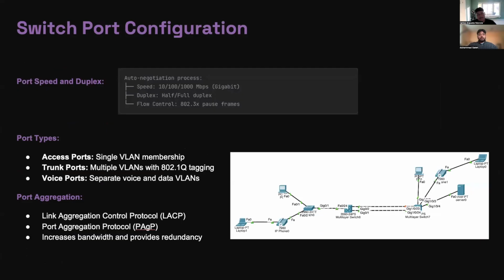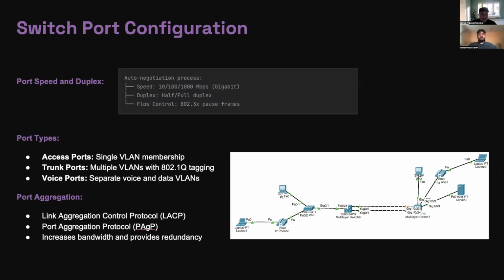The switch port configuration. We configured a switch port in our last video when we were talking about VLANs. But the negotiation process: by default it is auto negotiation, so it'll detect the type of cable you're using, whether it's Cat5, Cat6, or fiber with whatever SFP, and auto negotiate that.